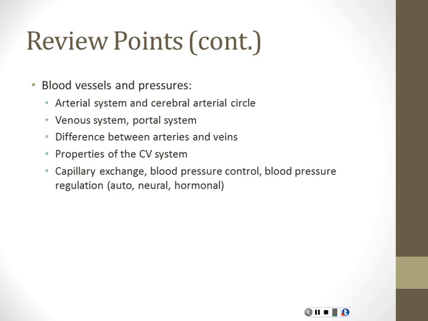All right. And then we talked about blood pressure control, which we were reviewing earlier, and regulation. Autoregulation is the principal way that blood flow is regulated. So what does that mean? All of the capillary beds in the body can regulate themselves. In other words, if a tissue is busy, the capillary beds in that tissue will be open for blood flow without the brain having to be involved.